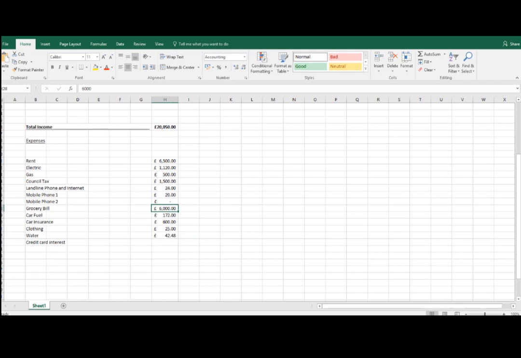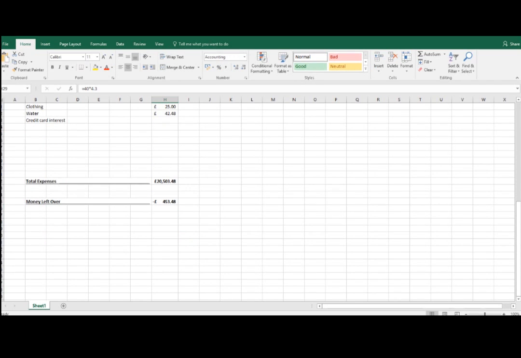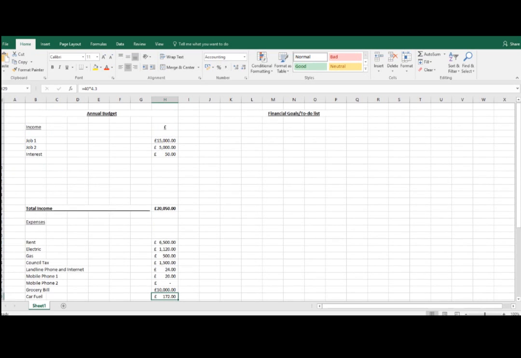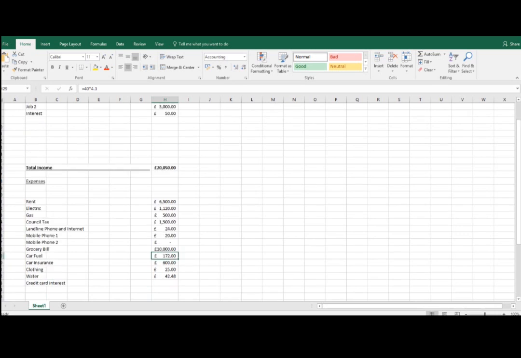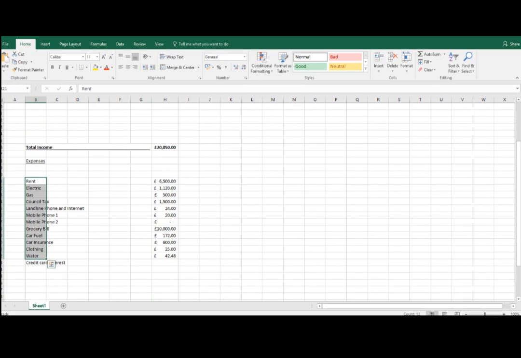If it was not like that, let's make this figure a lot bigger. You'll see we have a minus figure, so there's actually a budget deficit. Now this is keeping things really, really simple. If I was going to be a bit more complex and teach this from an accounting perspective, then some of these things might not be classed as expenses.